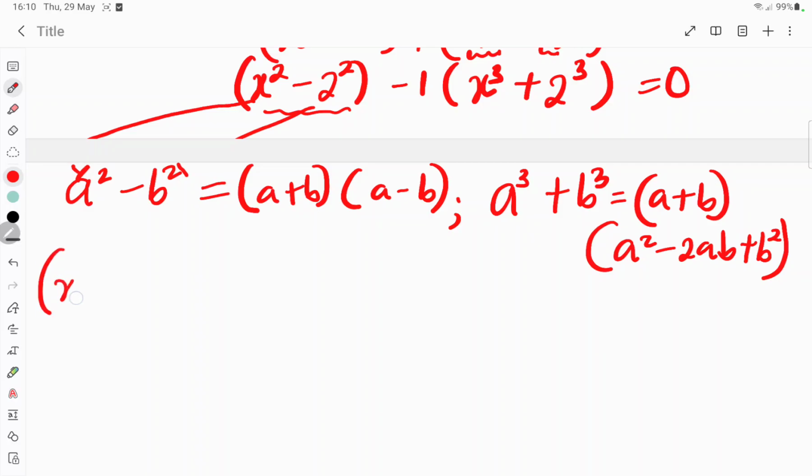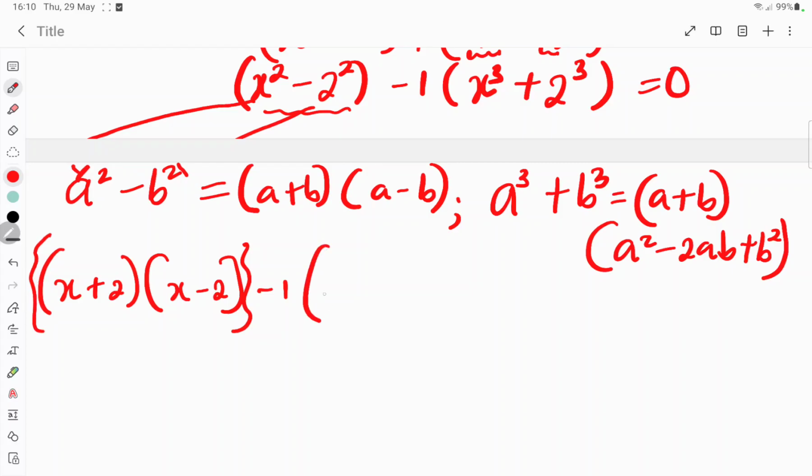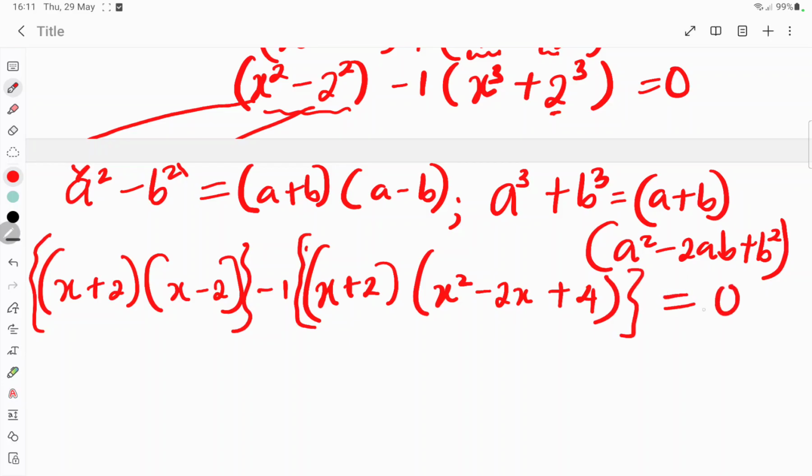So we can now write this to be x plus 2 into x minus 2 for the first term, then minus 1 into a plus b, which is x plus 2, into x squared minus 2x, then plus 2 squared, which is actually 4, and this is equal to 0.